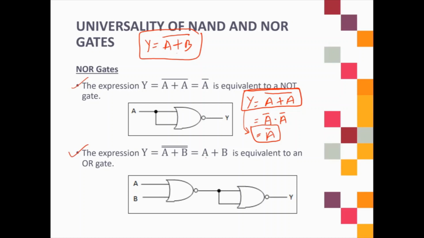So the OR gate is A plus B. This is OR. But the original OR only has plus, it does not have a bar. So how do we do it? We need to add a bar on top, to change it to NOR, but at the same time it actually represents OR. Understand? When we draw the circuit, we draw it using NOR, but the result means that we get OR.